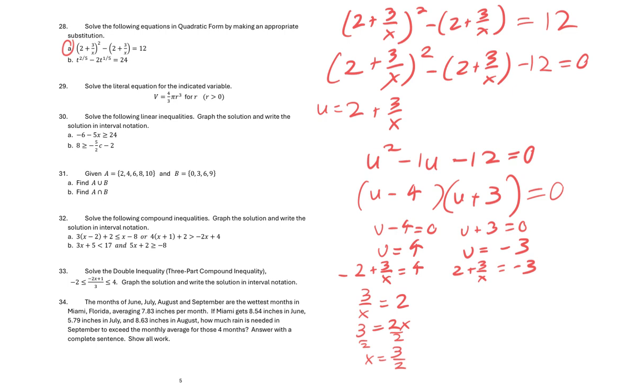Now to move on to our other equation, I'm going to subtract 2 on both sides: 3/x = −5. Multiply the x over, so 3 = −5x, then divide both sides by −5, so x = −3/5. So we have x equal to −3/5 and 3/2.